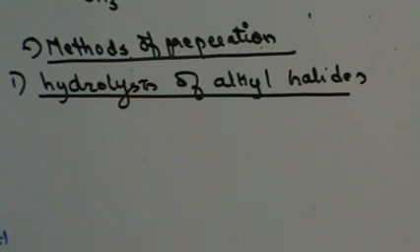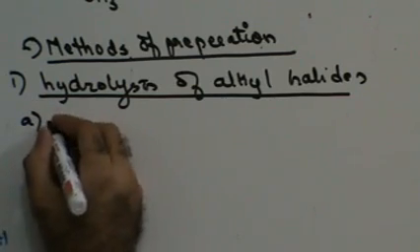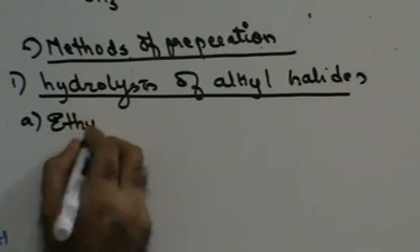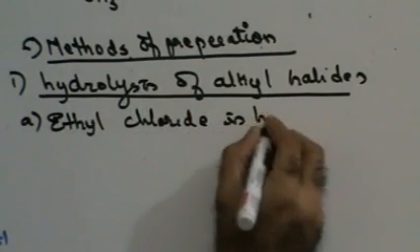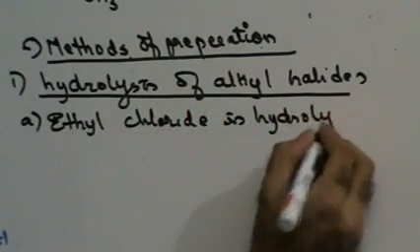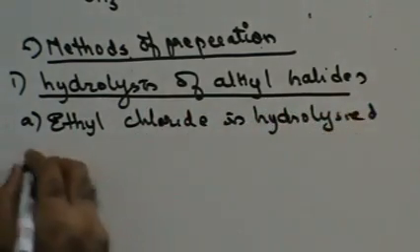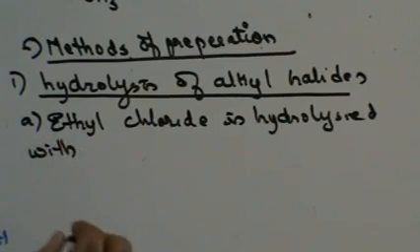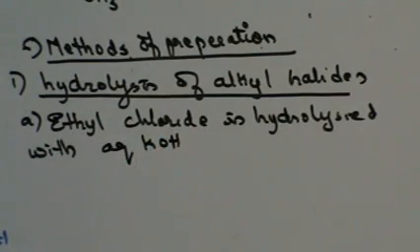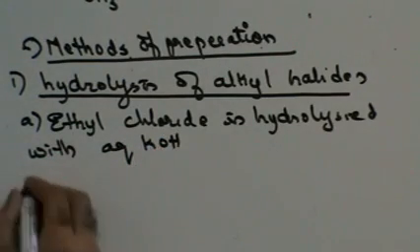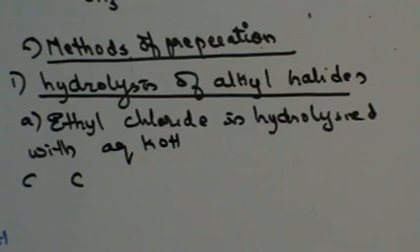For example, I'll explain this to you with the help of a reaction. What happens when ethyl chloride is hydrolyzed with aqueous KOH? Ethyl chloride is hydrolyzed with aqueous KOH. Right? Ethyl, that means 2 carbon atoms.